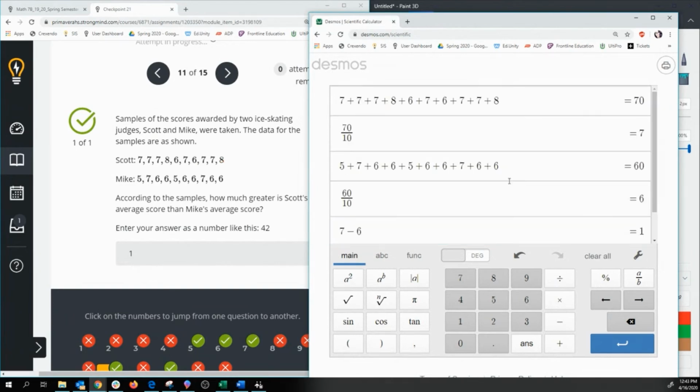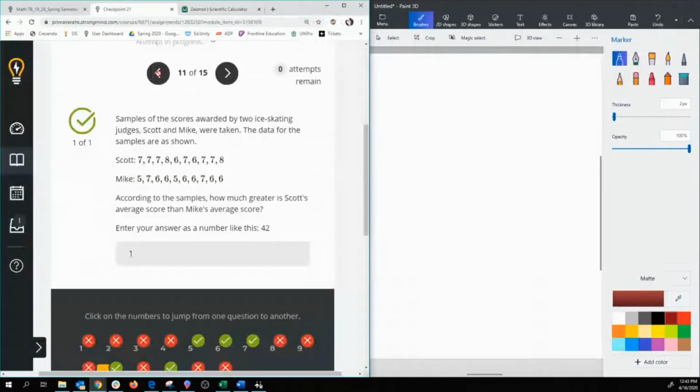Ready. So average for Scott was 7. Average for Mike was 6. To find the difference between the two, all we need to do is subtract them to get 1. Questions on this one?